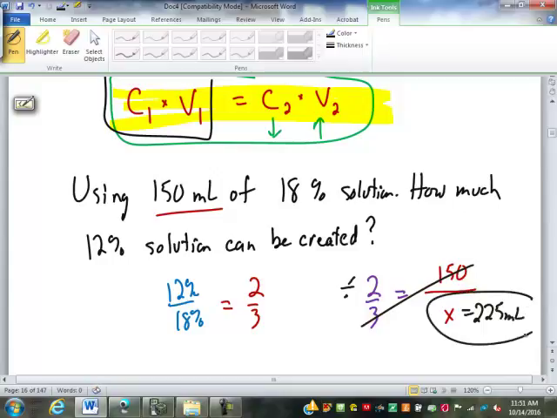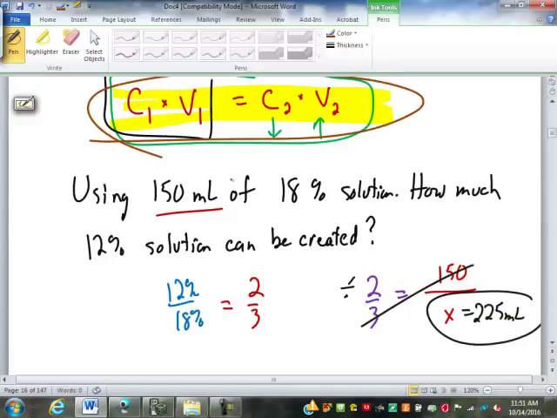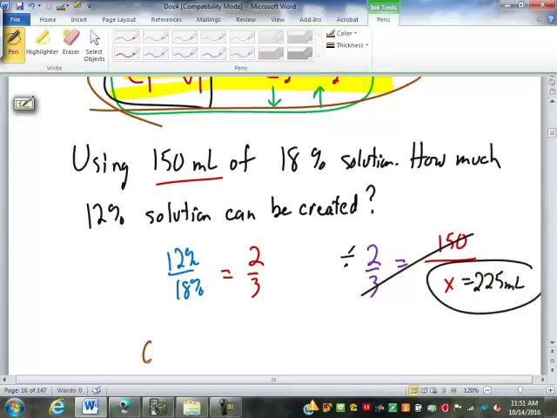But it's simpler, rather than going through that two-step process, sometimes even more than 2 steps with dilutions, to just use this formula here. We know that before we had a concentration of 18%. 0.18. I don't even have to write it as 0.18. I can leave it as 18%. And we had a volume of 150 milliliters. After, our concentration changes to 12%, and we need to know the new volume, V2.